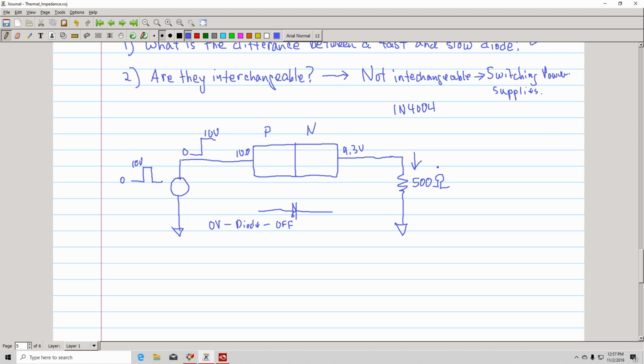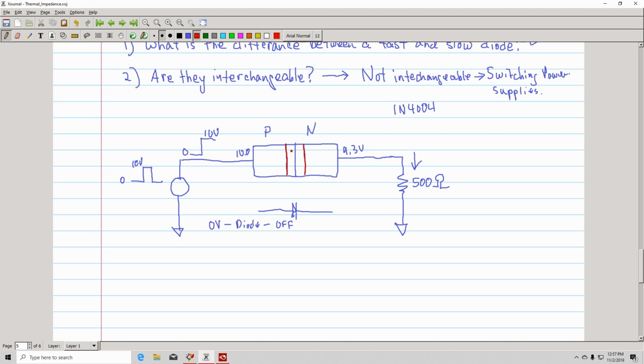What happens is the harder you draw, or the more current, you get a little depletion layer. It's a storage device.